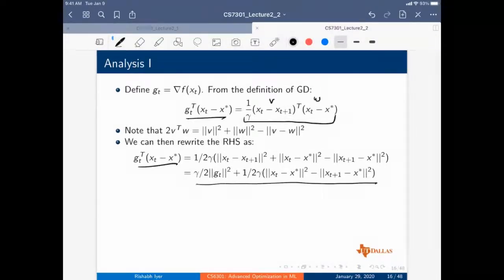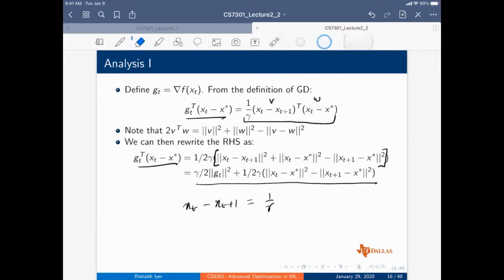Okay, so basically this is the bracket over here, and then all I do is substitute back x_t minus x_{t+1} is equal to gamma times g_t.